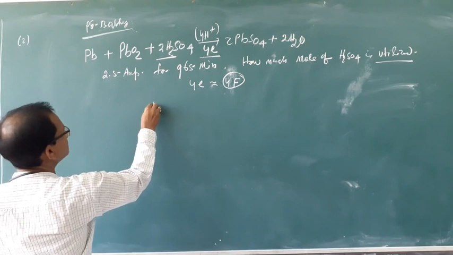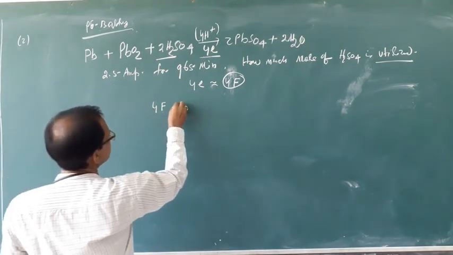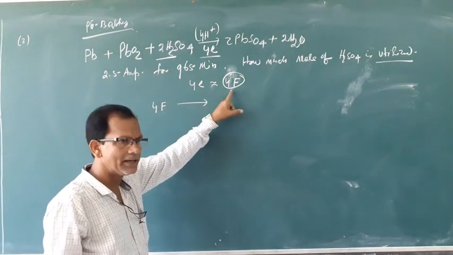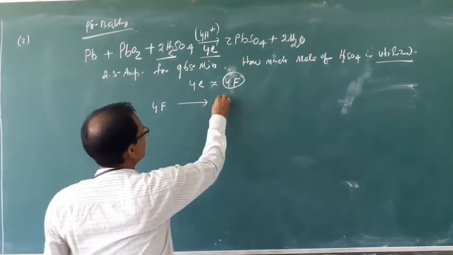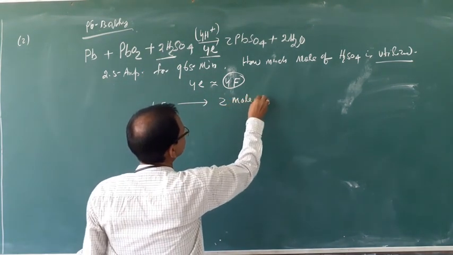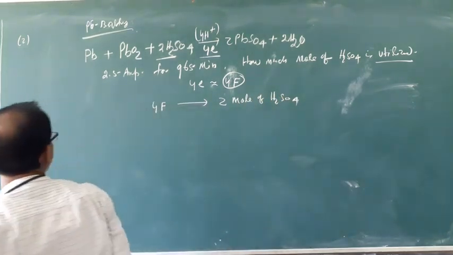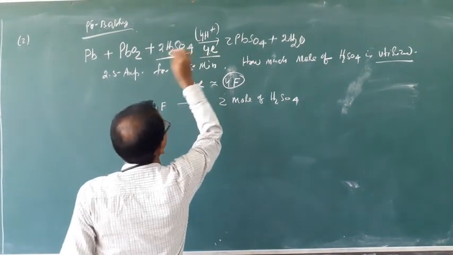4 Faraday of electricity is producing 2 moles of sulfuric acid as per the data.